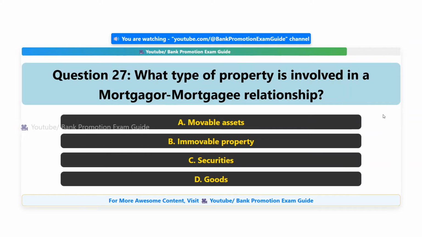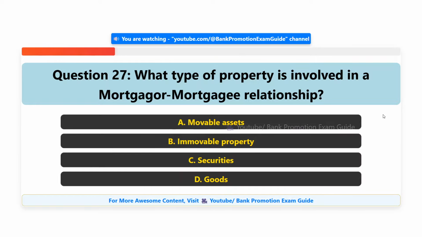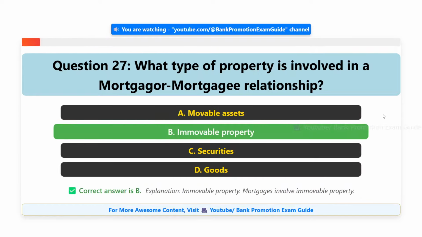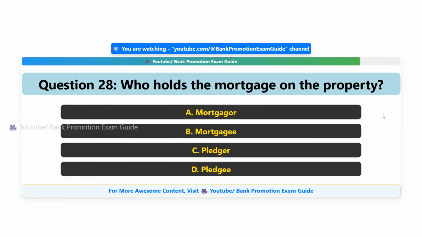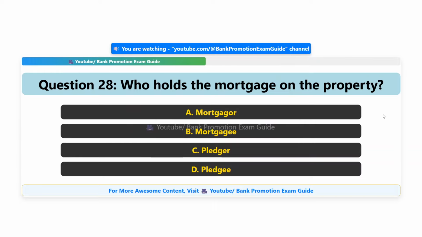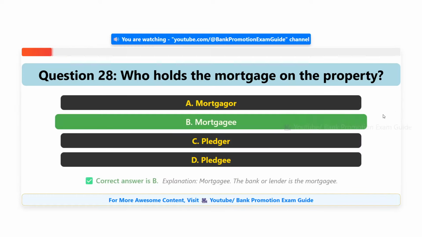Question 27. What type of property is involved in a Mortgagor-Mortgagee relationship? Immovable property. Mortgages involve immovable property. Question 28. Who holds the mortgage on the property? Mortgagee. The bank or lender is the mortgagee.